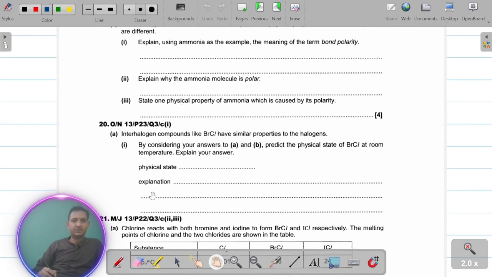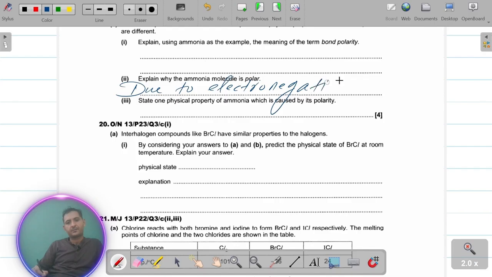Why is the ammonia molecule polar? Due to electronegativity difference.